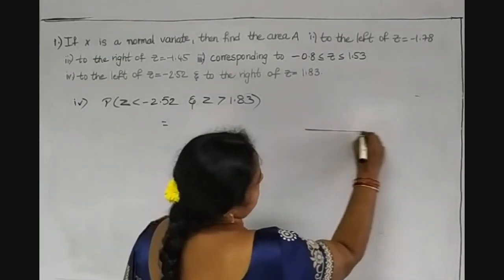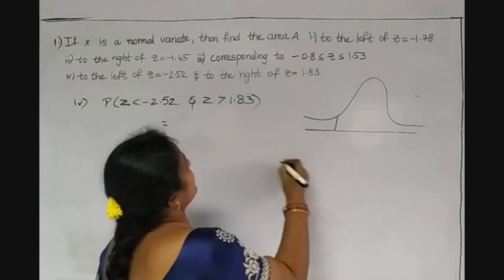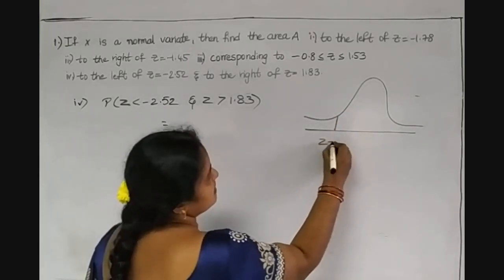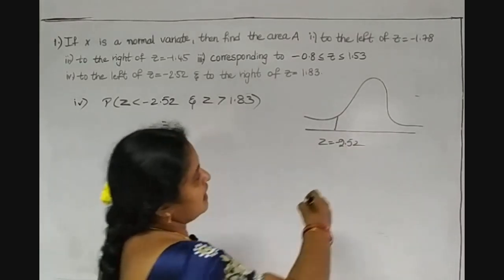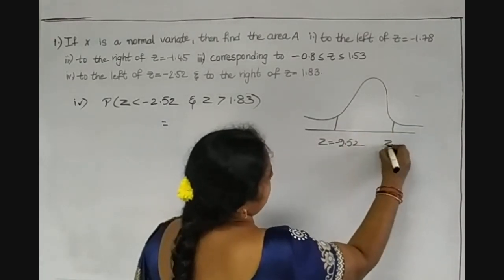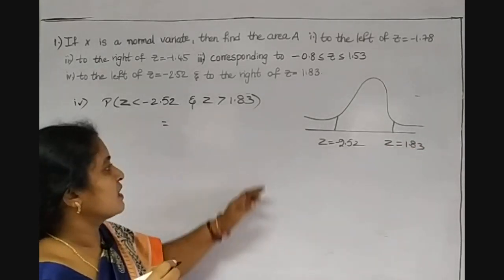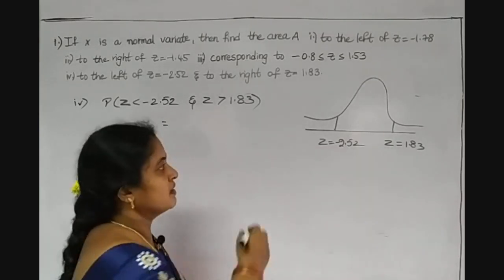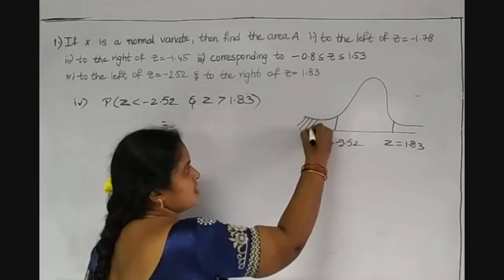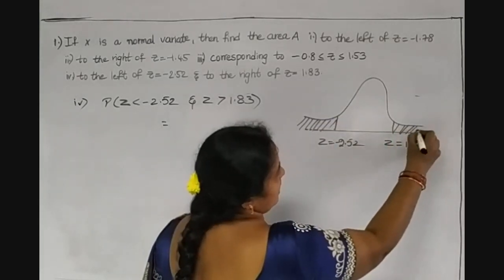We will draw the diagram, that is capital Z equal to minus 2.52 and capital Z equal to 1.83. We have to find out the left side of this point and the right side of this point.